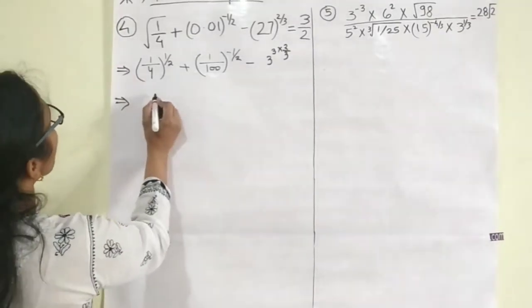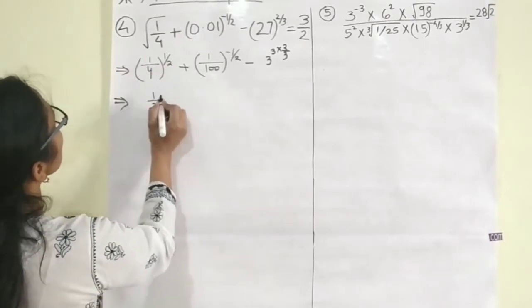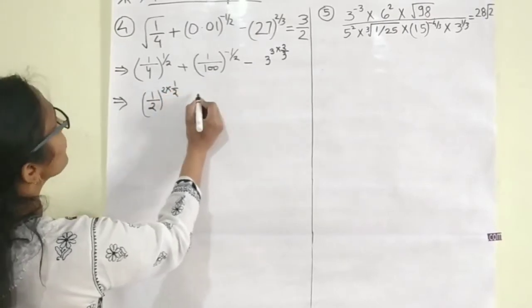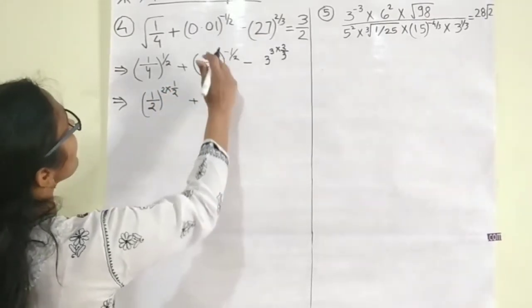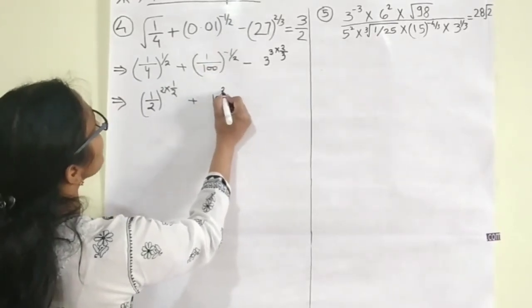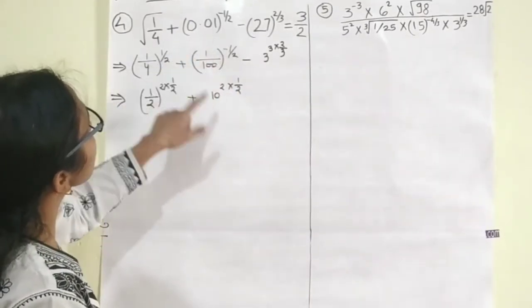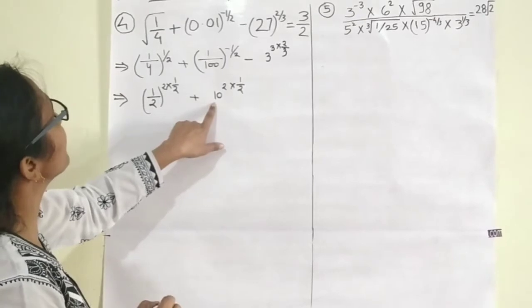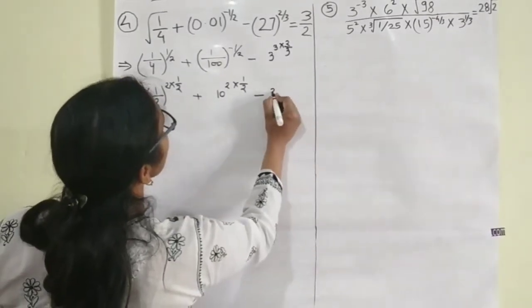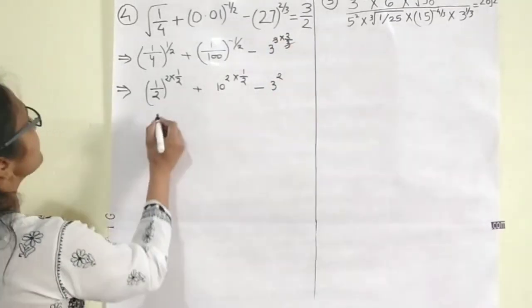Now, we can write 1 upon 4 as 1 upon 2 power 2 into 1 upon 2, plus 1 upon 100 as 10 to the power 2 into 1 upon 2. The power was in minus, so it became positive by reciprocating it. Minus 3 power 2. We will cancel this.